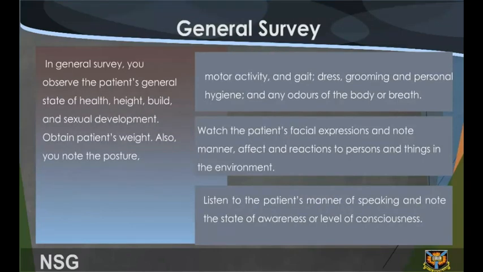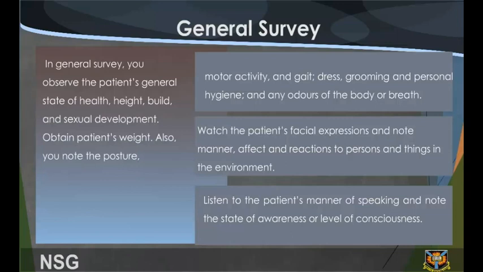General survey. In the general survey, you observe the patient's general state of health, height, build, and sexual development. Obtain the patient's weight. Also, you note the posture, motor activity and gait, dress, grooming, and personal hygiene, and any odors of the body or breath.